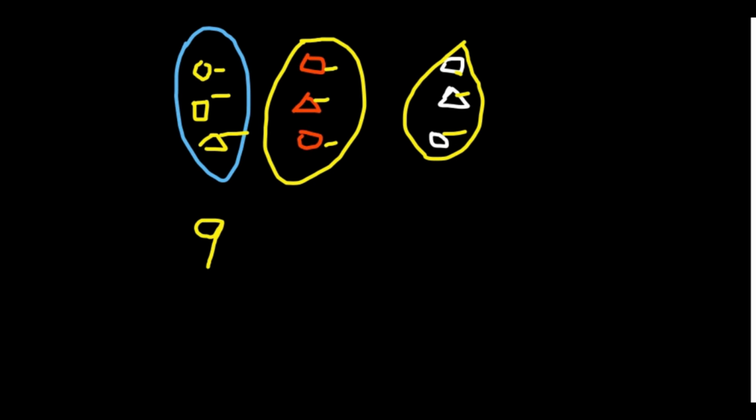Then we express this as 9 divided by the number of objects in each group, which is what? 3 in each group, which will give us the total set of groupings, which are also 1, 2, and then 3. Our answer is 3 in this case. So this is one aspect of division, which is referred to as grouping.